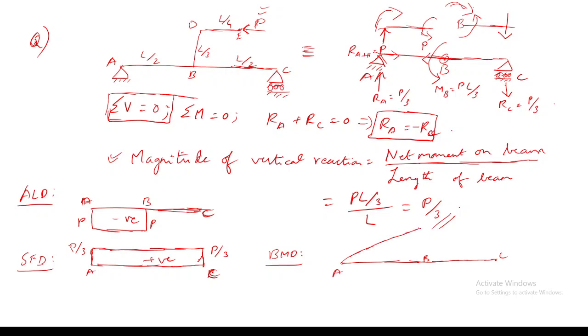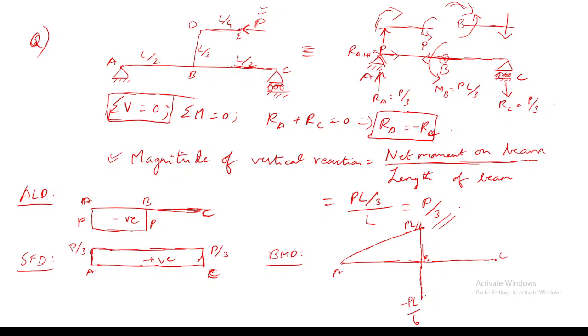And at point B, will I have one moment or two moments? Two moments, right? Because I also have a concentrated moment acting at point B, and its direction is anti-clockwise. So it will be negative, and I have to bring it towards the negative direction. So this will be minus PL by 6.